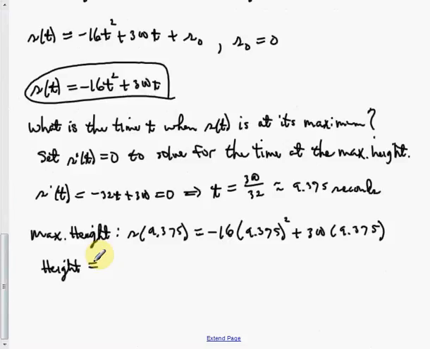And so the height that you get there, you plug that into your calculator, and you should get $1,406.25 feet.